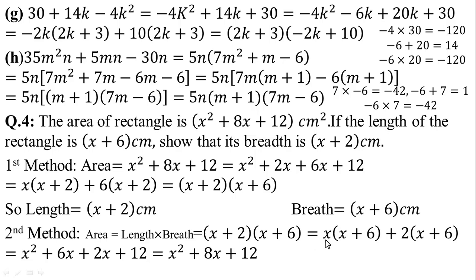We can write x into x plus 6 plus 2 into x plus 6. That is x² plus 6x plus 2x plus 12. Now adding the values, then x² plus 8x plus 12. So the area of rectangle is x² plus 8x plus 12.